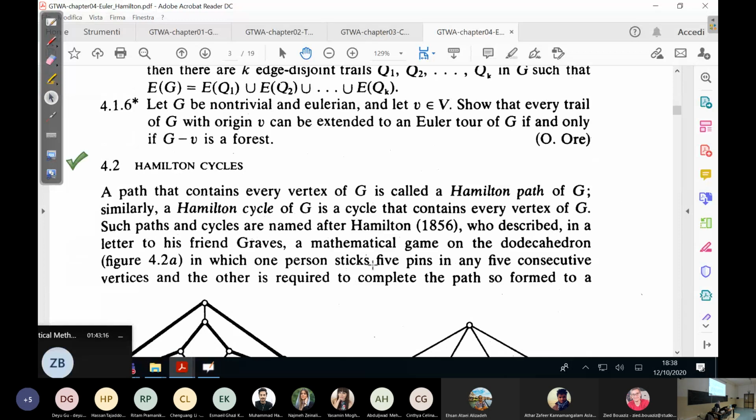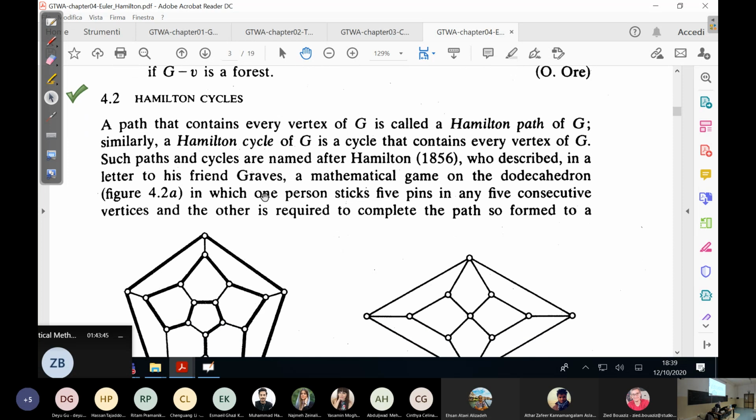Hamilton cycles. I don't know whether Hamilton, who came several years after Euler, was inspired by what was already known of the work of Euler on his problem. When his friend Graves asked him for a game to sell, he invented this game.